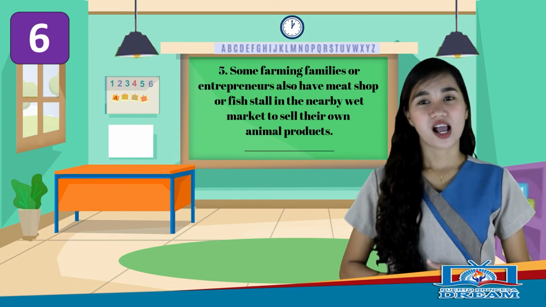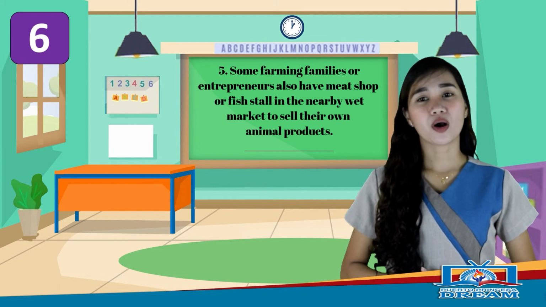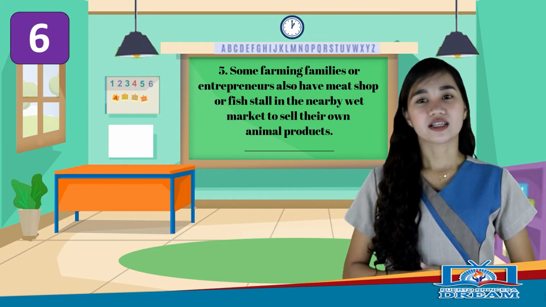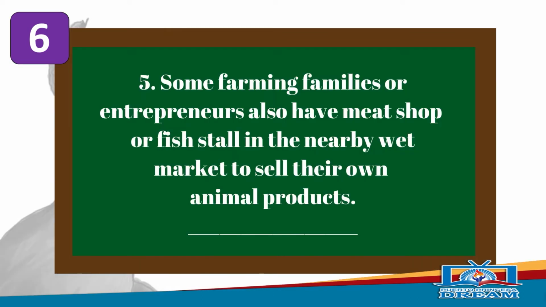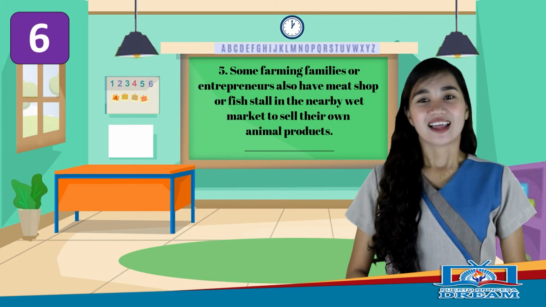Last number. Some farming families or entrepreneurs also have meat shop or fish stall in the nearby wet market to sell their own animal products. If your answer is farm to market, you're right.